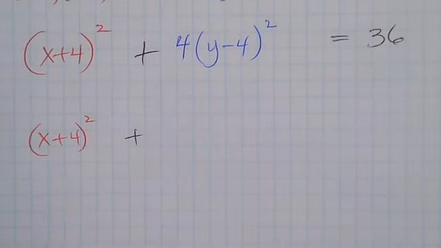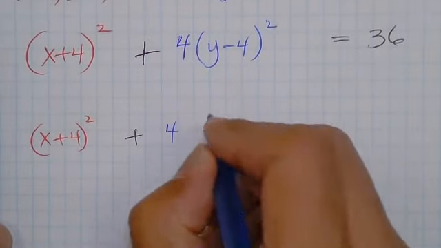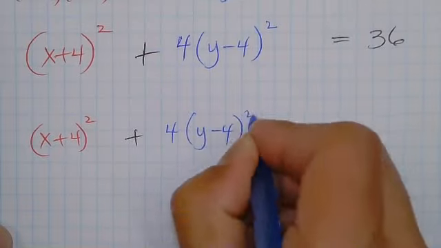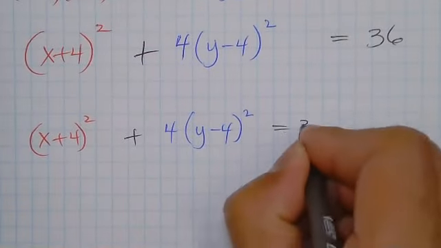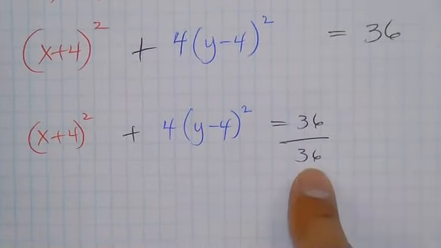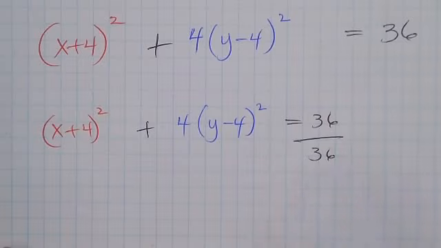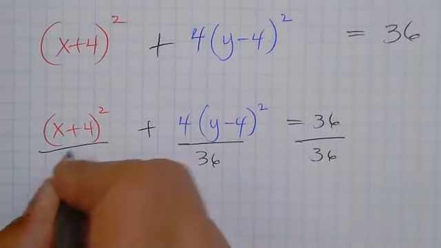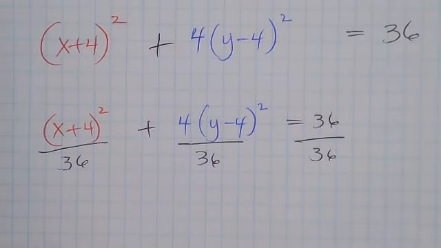Okay, I think we're almost done, right? You know how to finish this. How do you finish this and clean this up and make it look like the standard form for the equation of an ellipse? What do I need to do? This has got to be a 1, so divide everything by.